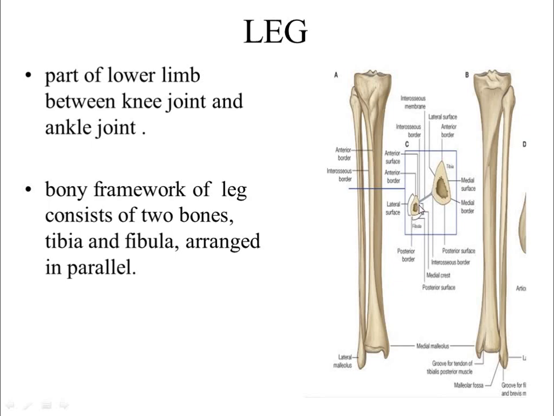So, three surfaces and three borders of the fibula, and similarly three borders and three surfaces of the tibia. The tibia has a medial surface, a lateral surface, and a posterior surface. The fibula has a lateral surface, a posterior surface, and a medial or anterior surface.